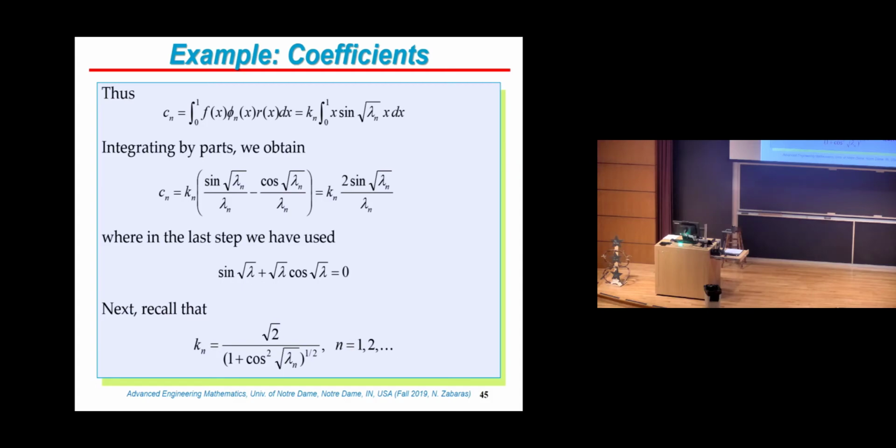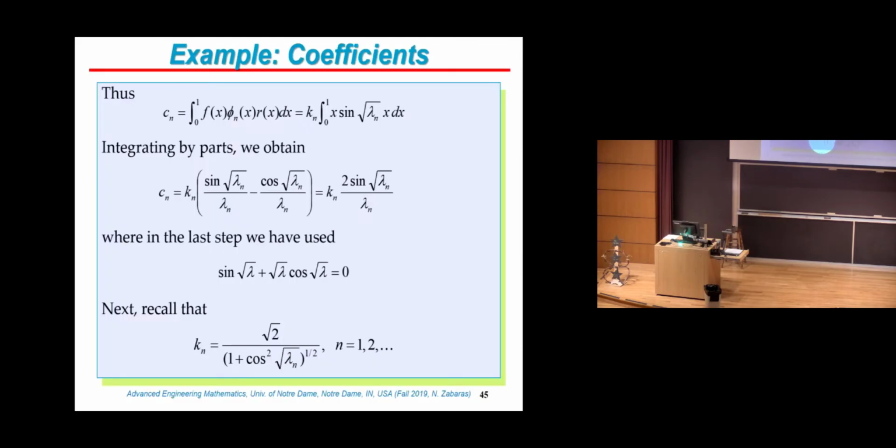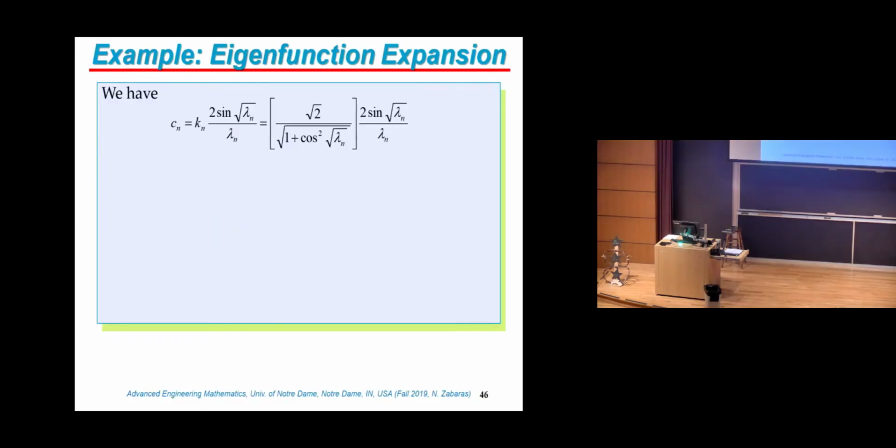So it comes out, no, actually not the answer yet. Cn is kn times this, and kn from the normalized eigenfunctions is equal to that. And then you have to trust the calculations that the coefficient Cn in the expansion is like that. And you can simplify a little bit.